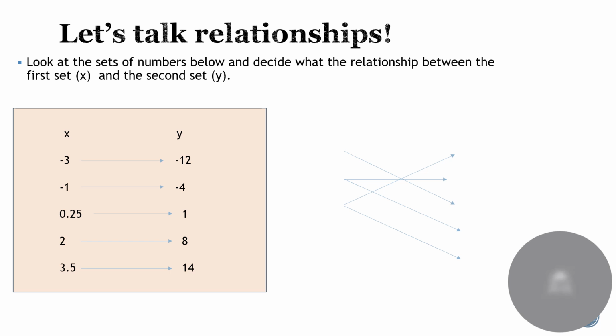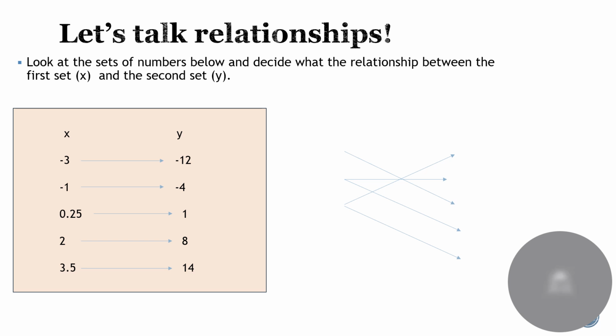So in math, though, when we talk about a set, we're usually talking about a set of numbers. And in this case, my set of numbers X is -3, -1, 0.25, 2, and 3.5. And then we have the set of numbers on the right, which is our Y values: -12, -4, 1, 8, and 14.